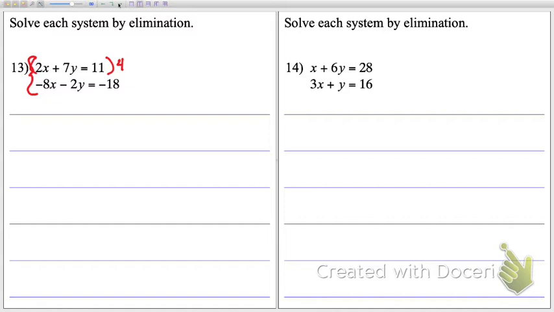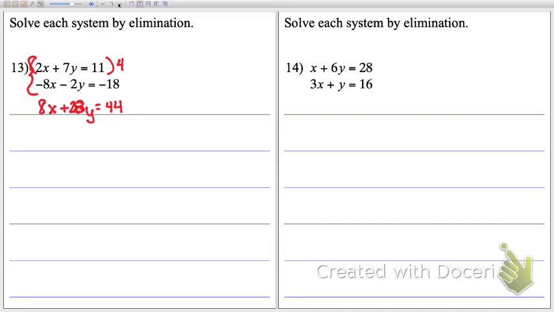So I have negative 8x minus 2y equals negative 18. And then 8x plus 28y equals 44. Now, I just wrote it under the second equation. Does it matter? No, because we know that we can switch them around, right?